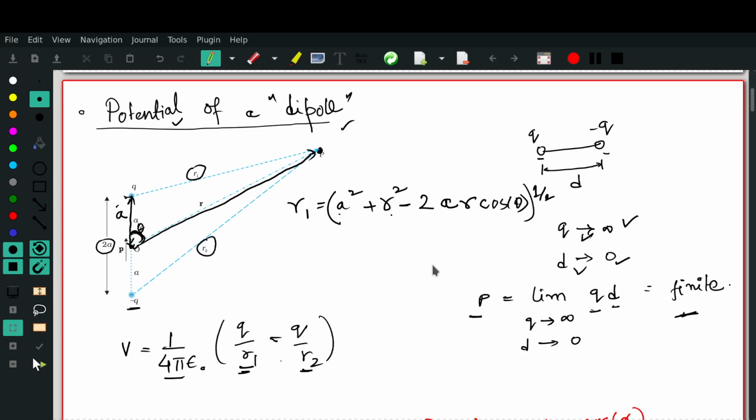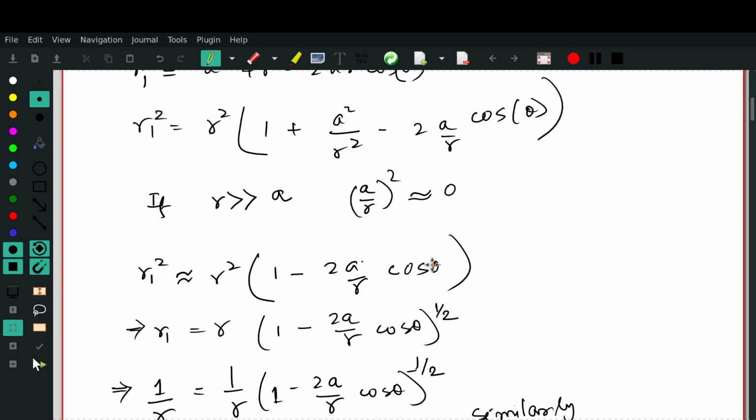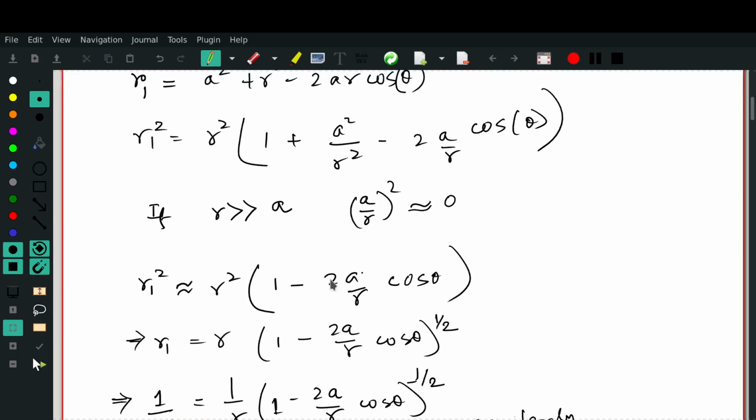But here there is some scope of approximation. Because as I mentioned, the length of the dipoles is actually very small. So the distance between them, this d, is tending to 0. Okay, the distance is very small, and the r, the distance at which we are measuring the electric potential, is very large with respect to their separation, right?